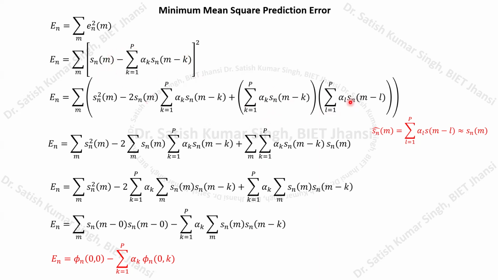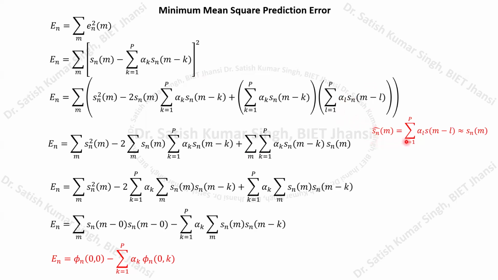So here, if you see this term, the sum over l equals 1 to p of alpha l Sn(m minus l), this is nothing but the predicted value of your signal Sn(m).